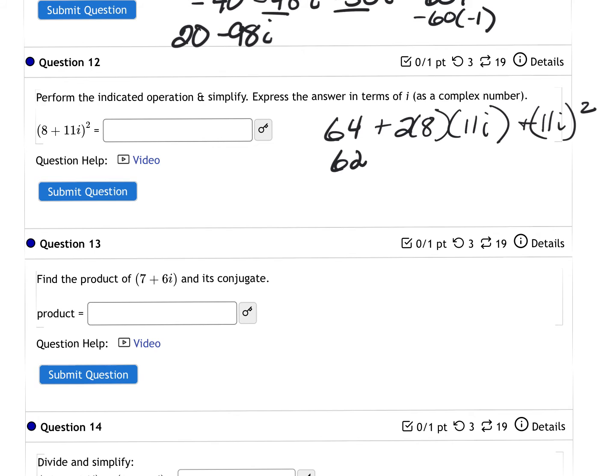64, 16 times 11 is 176, plus 121i squared.